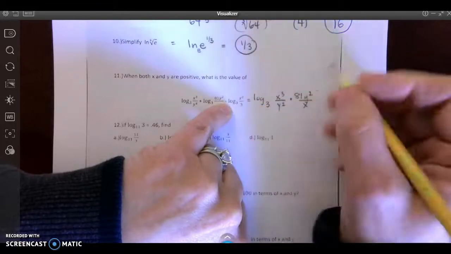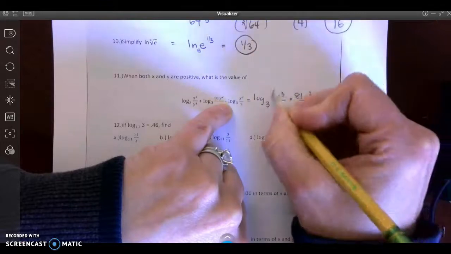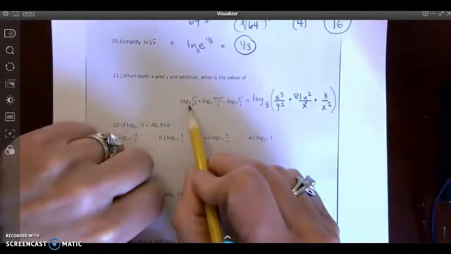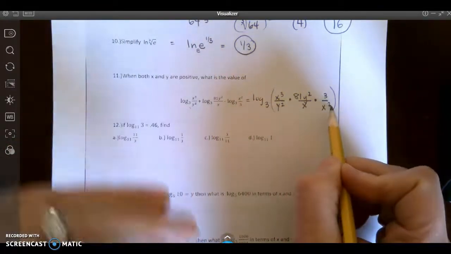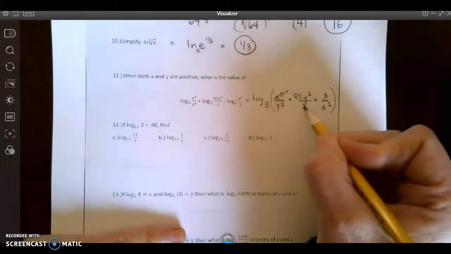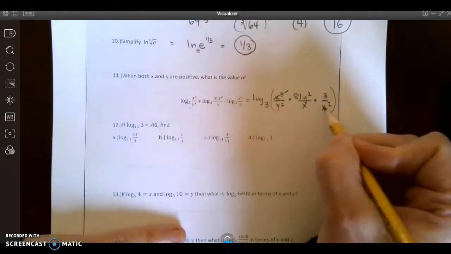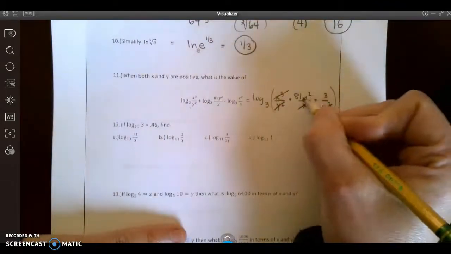Remember, dividing is multiplying by the reciprocal. So this is right now expanded and I'm condensing it. And then I can start simplifying. I have an x cubed and an x squared, which also makes x cubed, so that gets rid of all my x's. That gets rid of my y's.